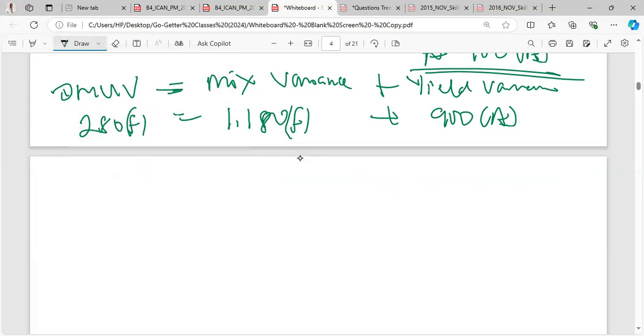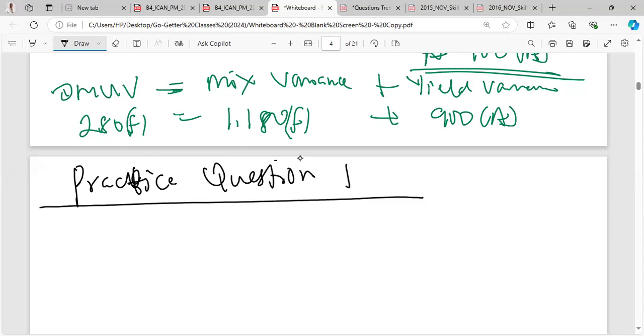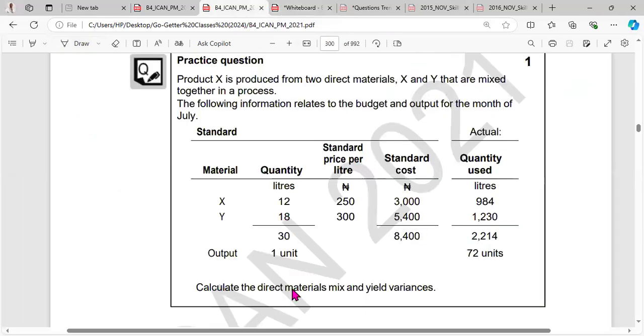In the practice question 1 here, we are told to calculate the direct material mix and yield variances. We will first of all calculate the usage variance. Then we'll calculate the mix and yield variance.